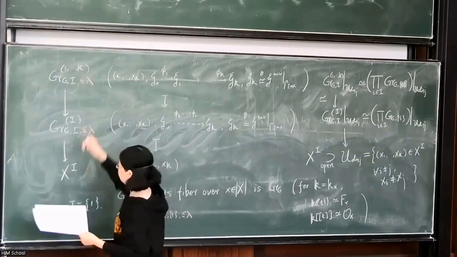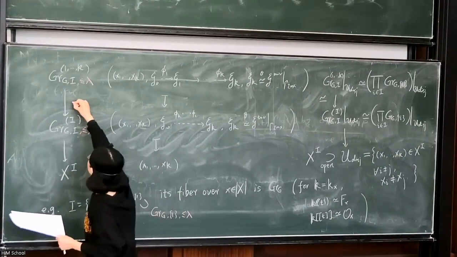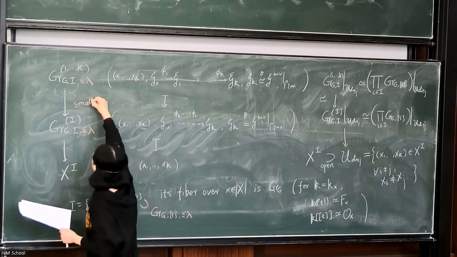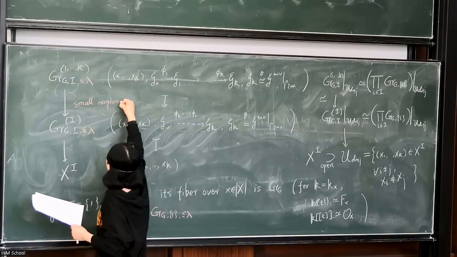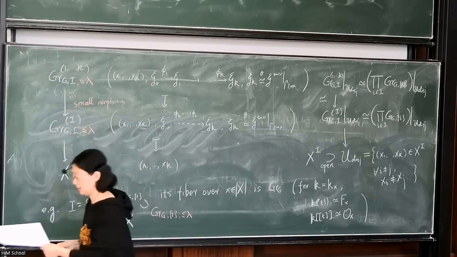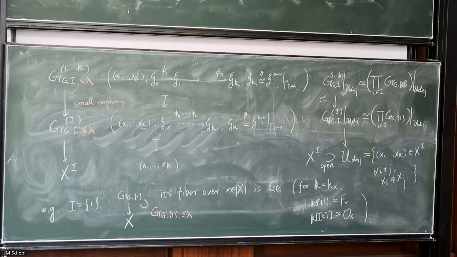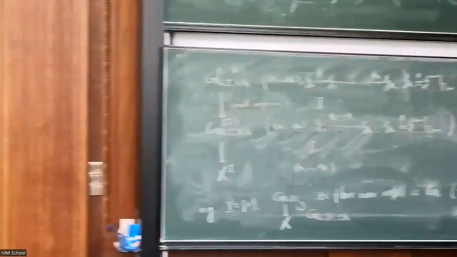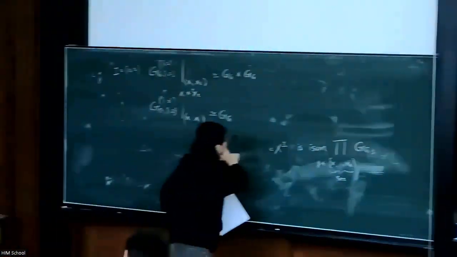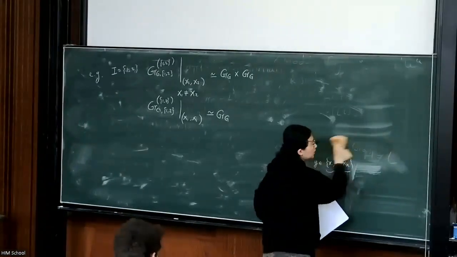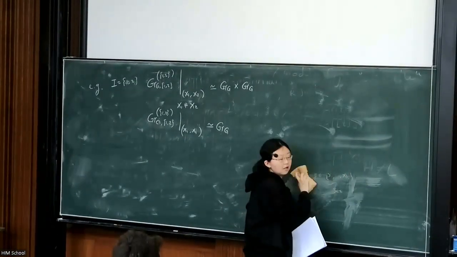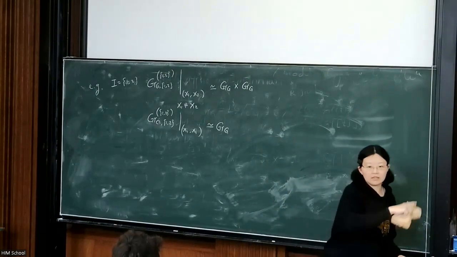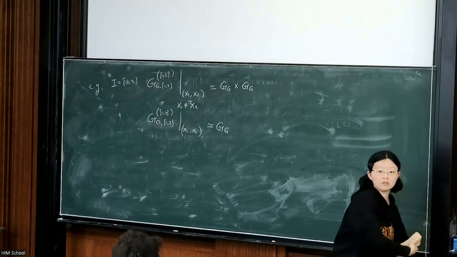And in fact, this map is small. For those who want to know, I say it is a small morphism, which means like a semi-small morphism with a more strict condition.